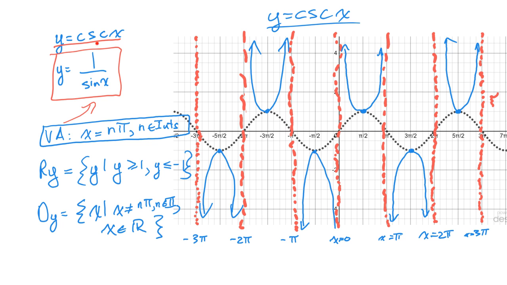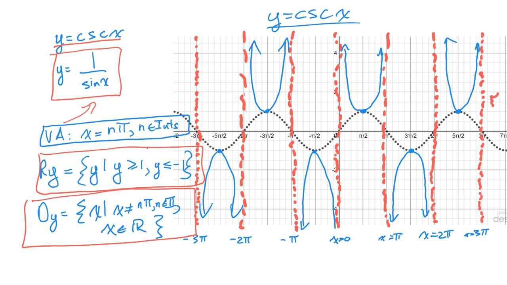What I want you to do is graph y is equal to sine x for an exit task. We have all that information about our range and our domain for this function. The only thing I want you to remember is that this function has a period. Our period is from here.